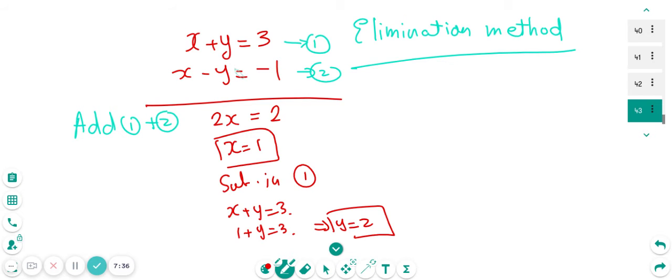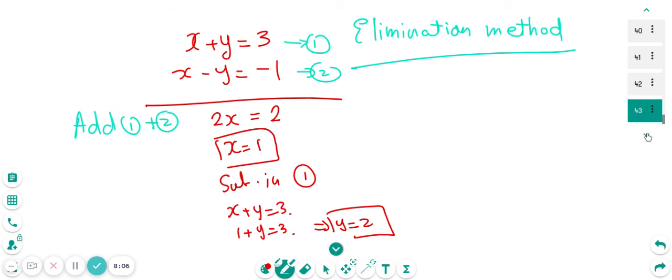When we add the equations, the y gets eliminated, and we get 2x equals 2, and then x equals 1. Once we get the value of x, it's pretty simple to find the value of y. So that's the elimination method, one example.